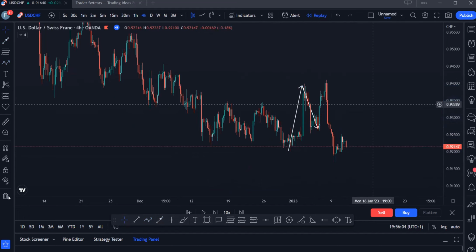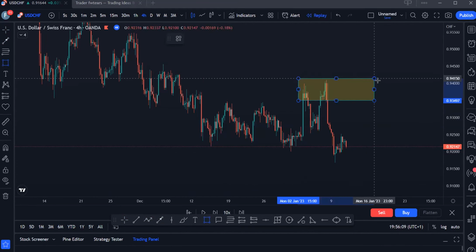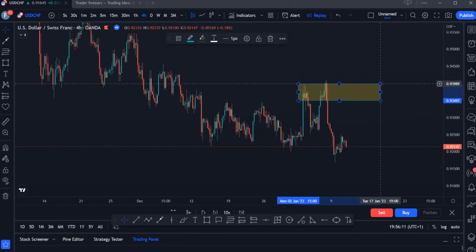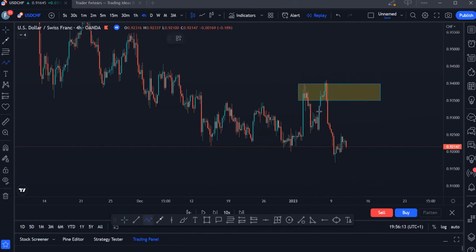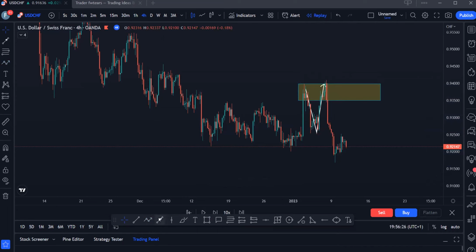Okay, there's something responsible for pushing price back down. There's a resistance zone somewhere here. At the first touch, this is the first touch. The second time that price came here, you can see the zone still worked. So possibly this is a zone that you might be interested in in the future.